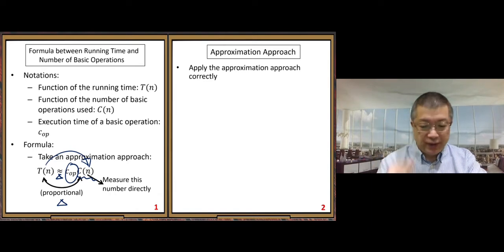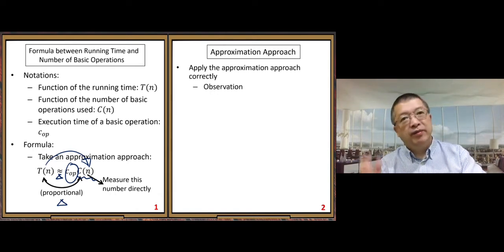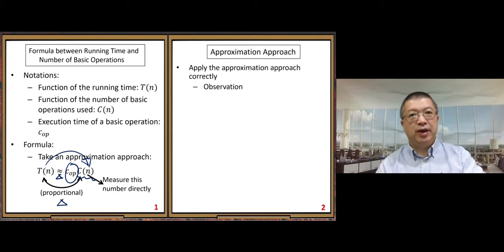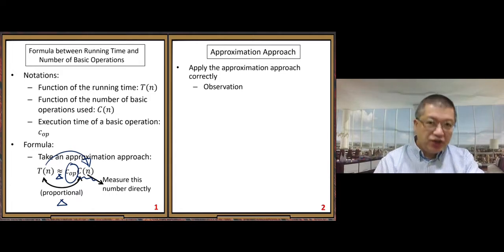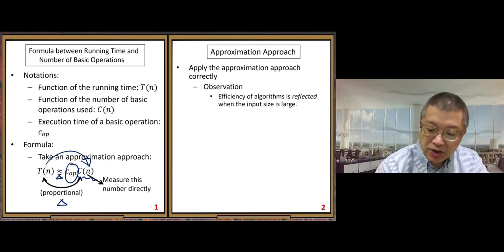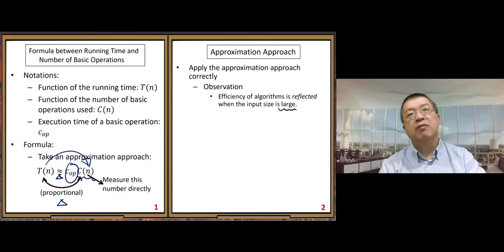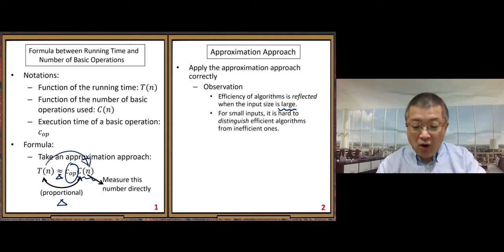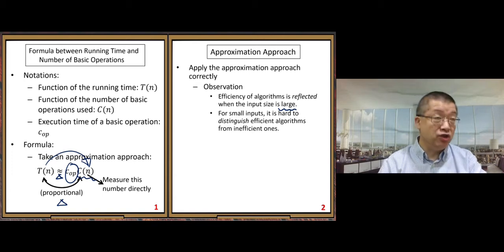From this simple observation: efficiency of an algorithm is reflected when the input size is large. Input size is large, reflected, not small. For small inputs, it's hard to distinguish efficient algorithms from inefficient ones.